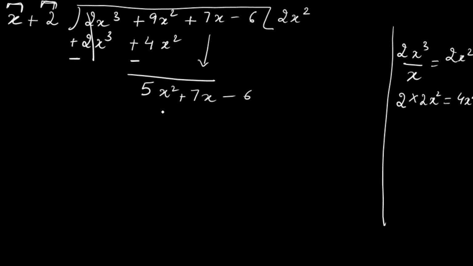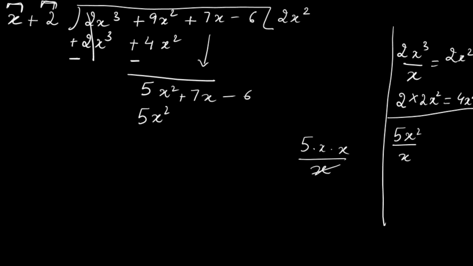First term we write the same, so 5x square as it is. Then we divide it by the first term of the factor, which is x. 5x square means 5 into x into x, divided by x, so x and x get cancelled and we get 5x. We write this 5x at the quotient place, and multiply it with the second term of the factor, 2.